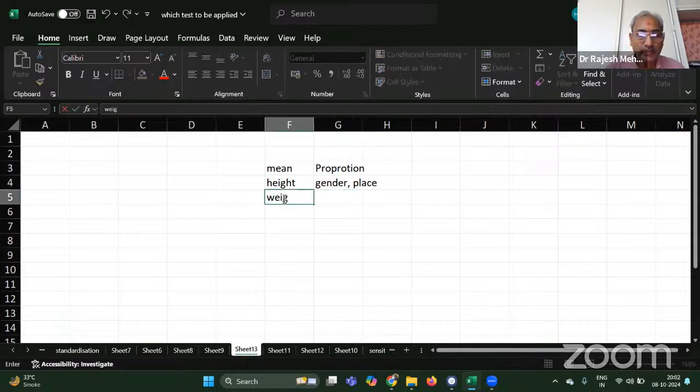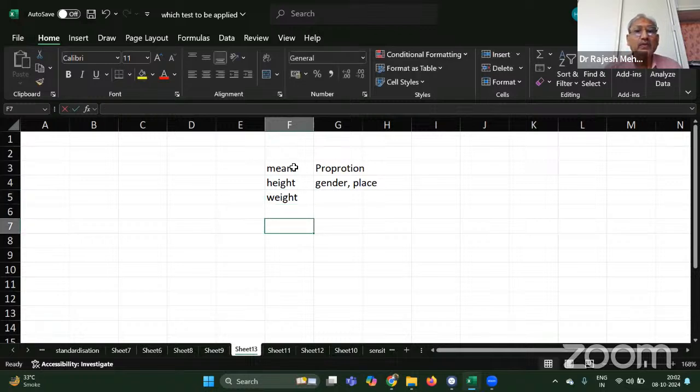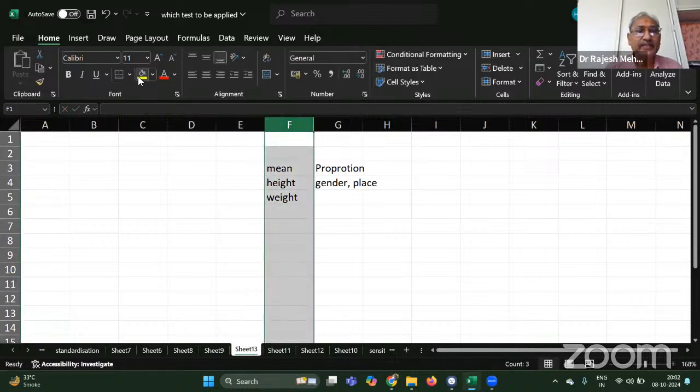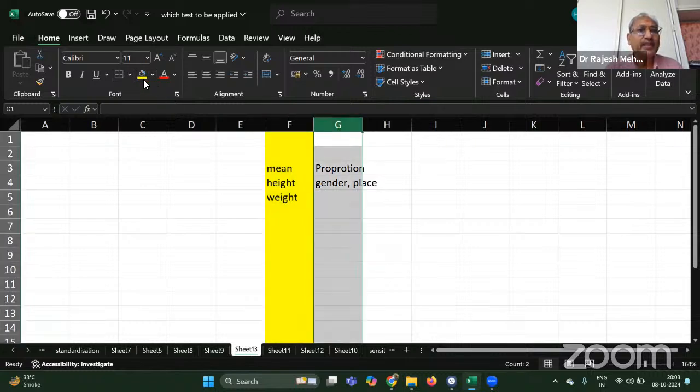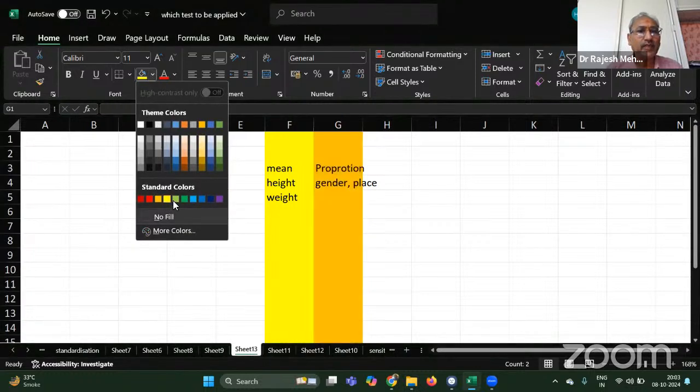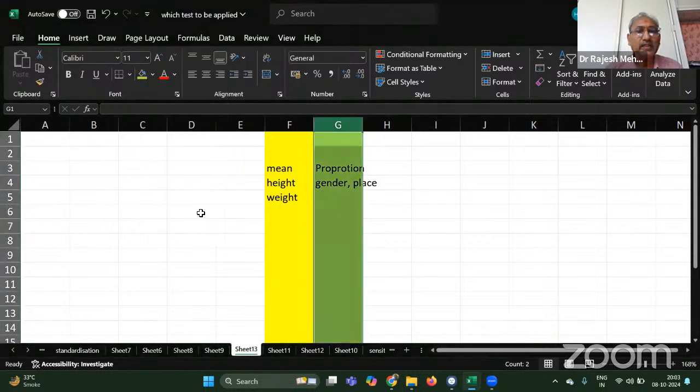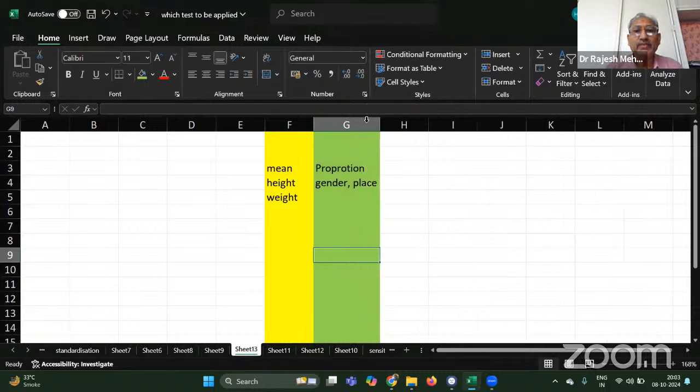Here other could be weight. So one cell will be this and other will be proportions. Once you have understood this much, two types of variable, the things become so simple that which statistical test you are supposed to use, you will come to know. And there is various permutation and combination of which test you apply, that we'll see.